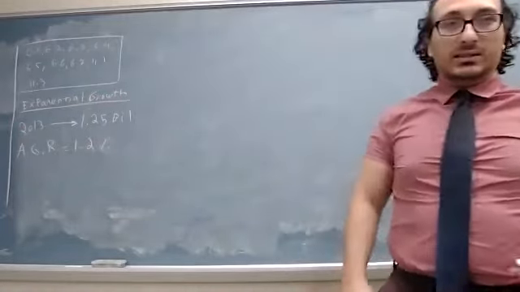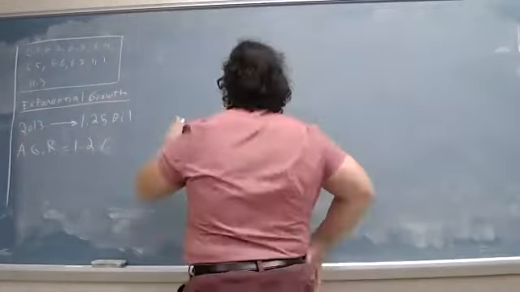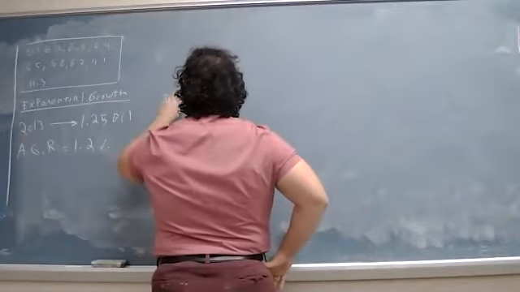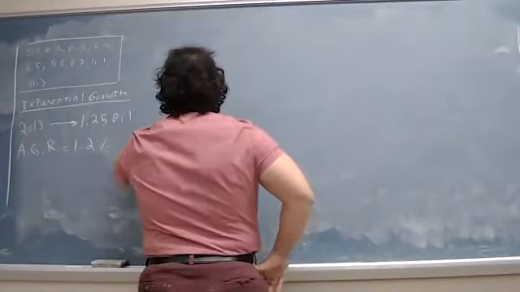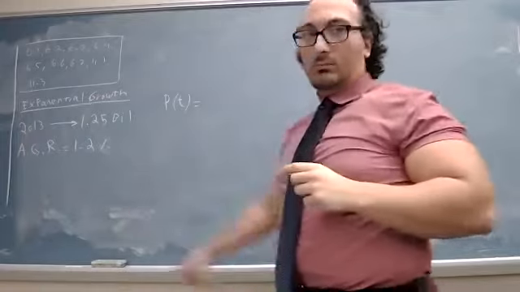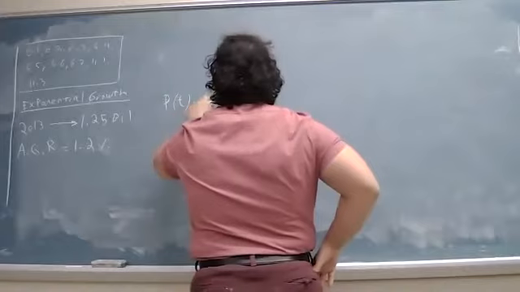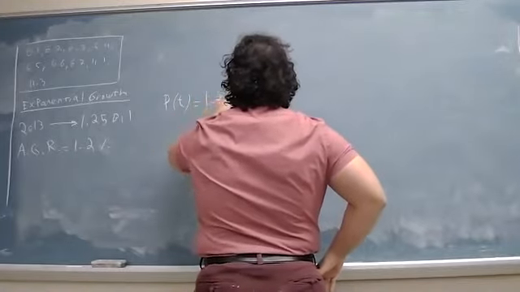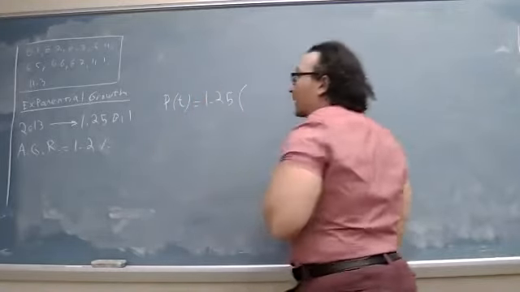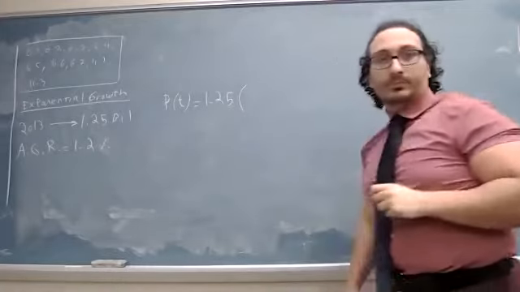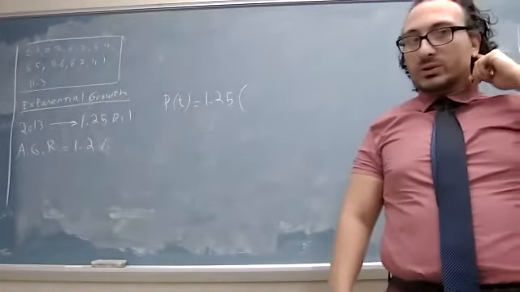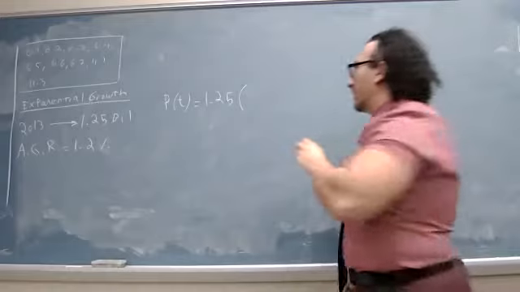Now it says that the situation is represented by a population function with respect to time, P of t, and that's equal to our initial value, 1.25 billion, times this 1.012 raised to the t power.